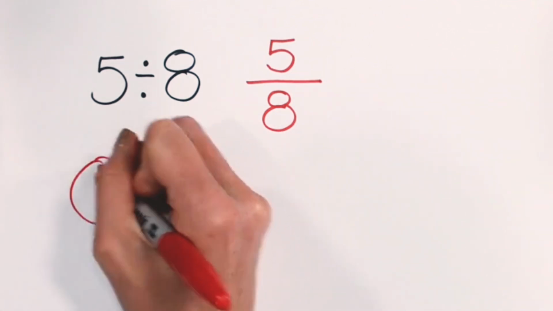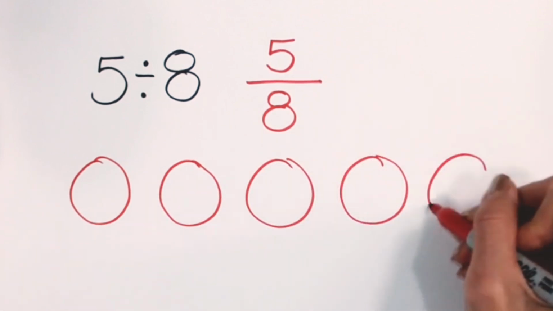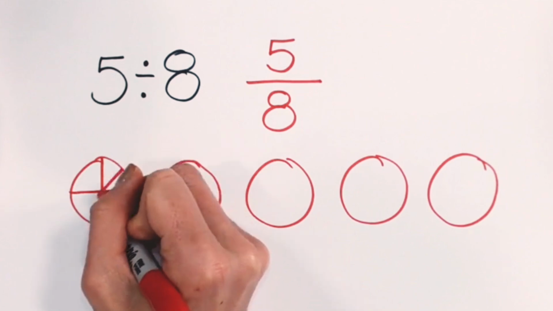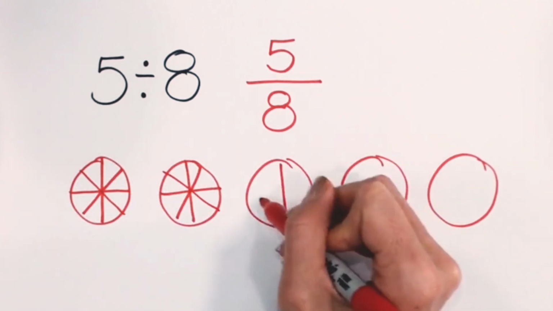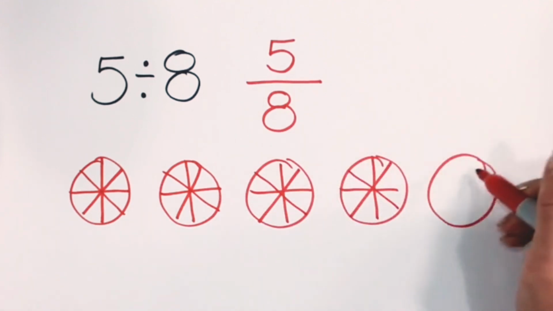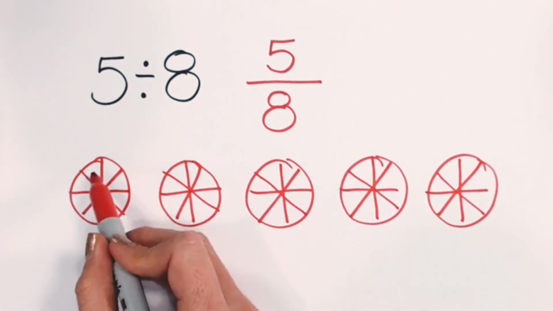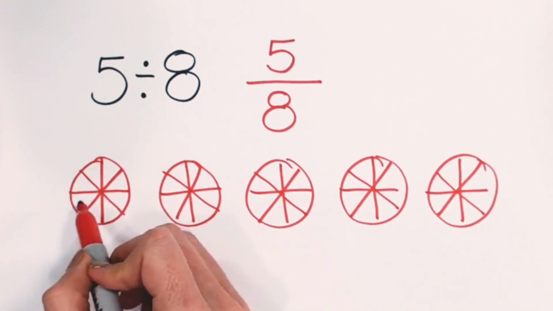So let's say I have 5 circles. I can take these circles and divide them into 8 pieces. So I'm taking each of these 5 circles and dividing them up into 8 parts or pieces. So each of these pieces is worth 1/8.